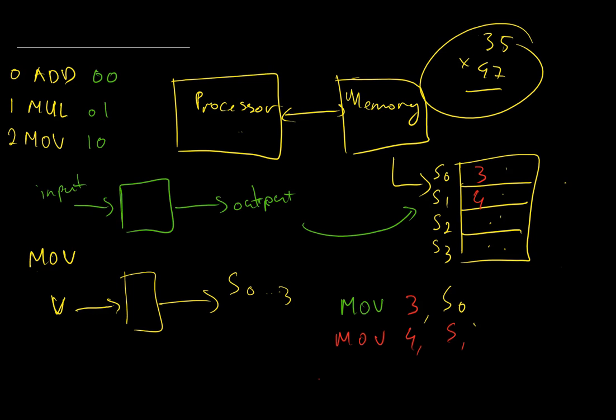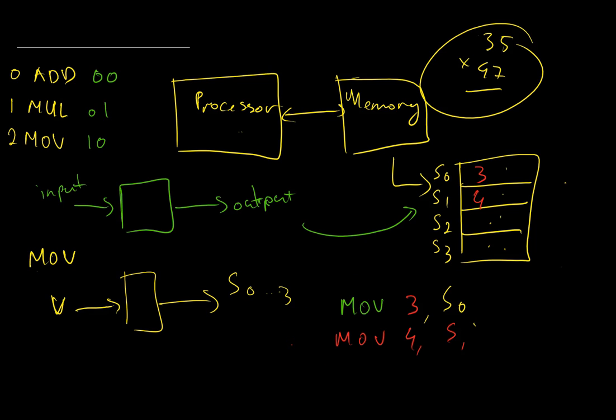So this is what our move instruction looks like. But again, as we said before, computers wouldn't really understand 3, S underscore 0. It doesn't make sense. It needs a ones and zeros representation of whatever this is.